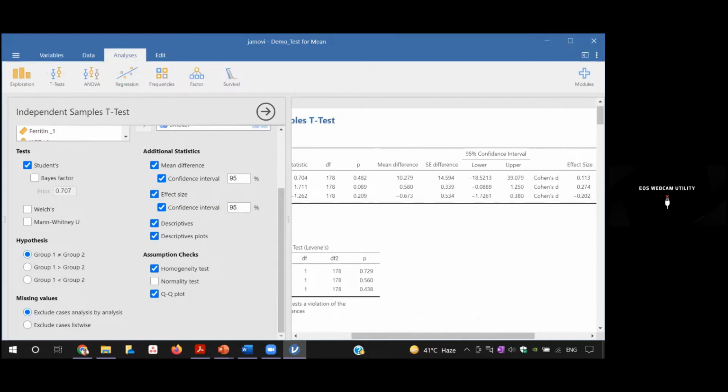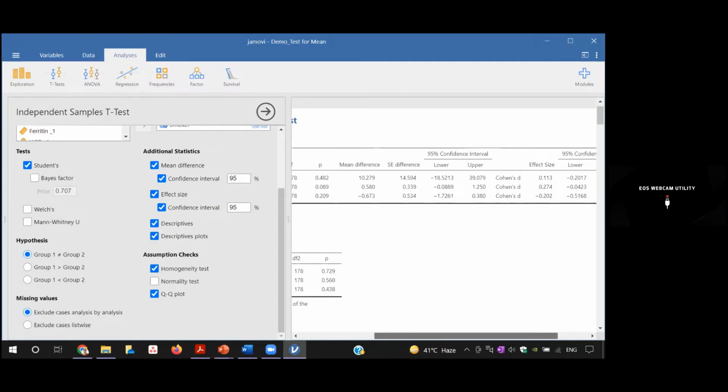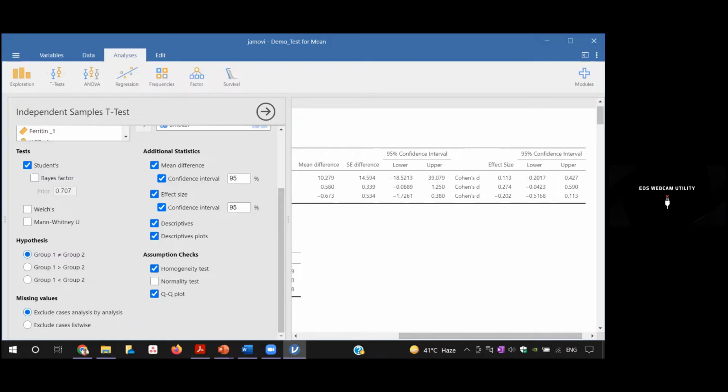And then you can see the Cohen's d. So what is this Cohen's d? Cohen's d is a measure of effect size. In statistical terms, when we measure the difference, in the numerator we have the difference of the 2 means, and in the denominator we have the standard deviation.